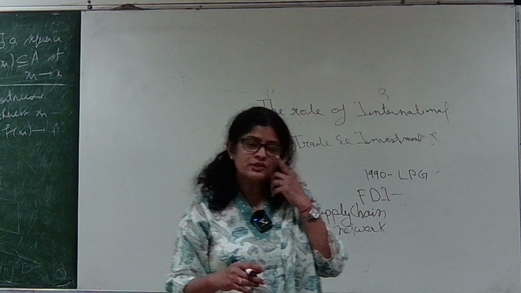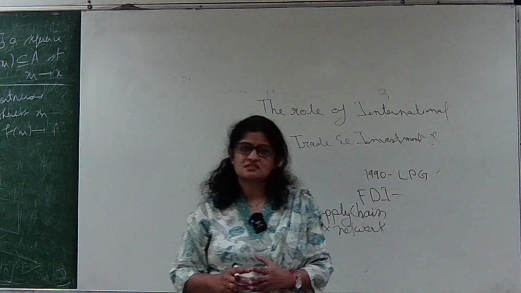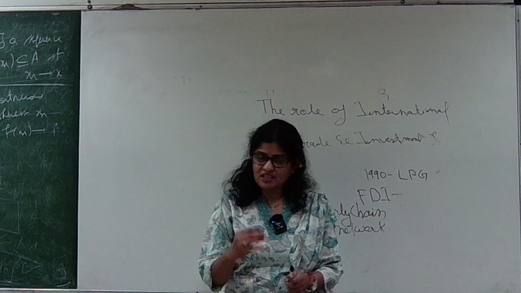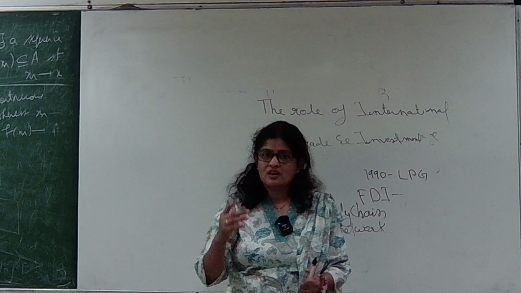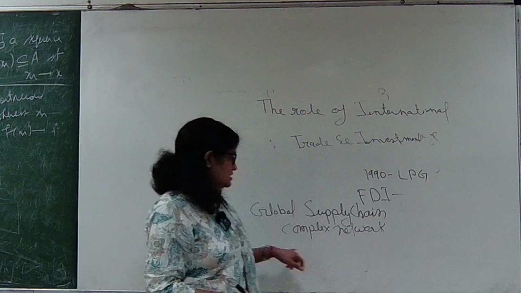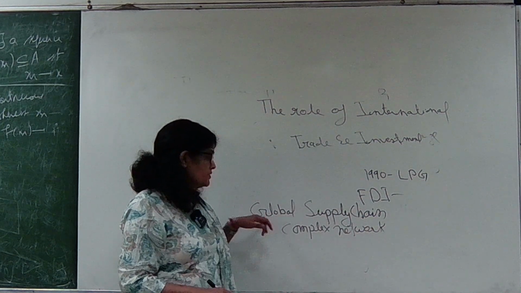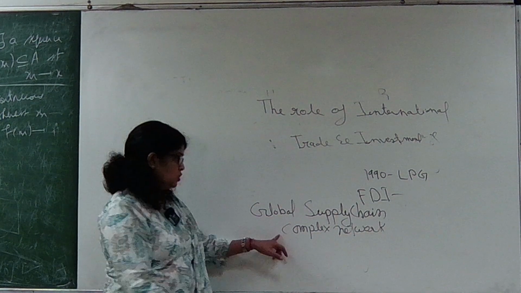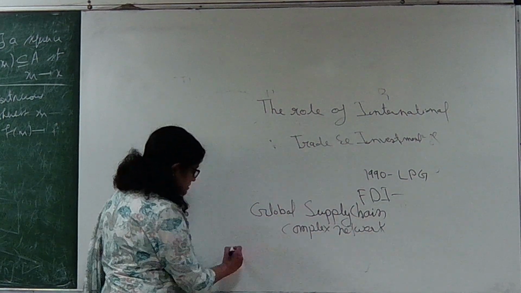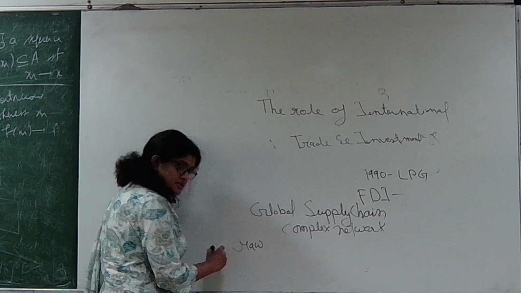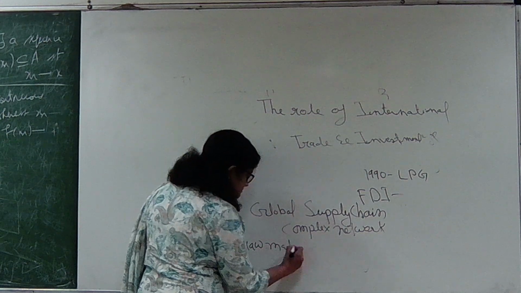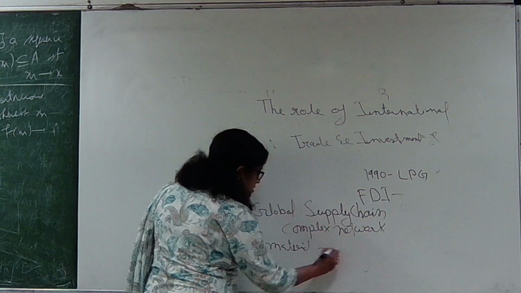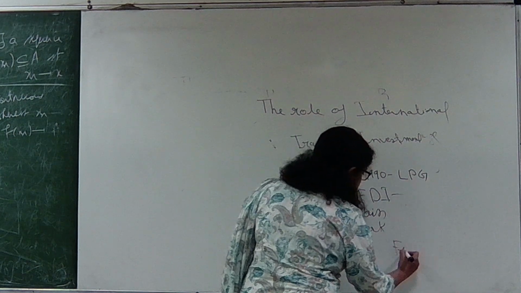So the global supply chain plays a role in delivering the right product at the right time. This depends on how smooth your global supply chain is, because it starts from accessing the raw material, through to the finished goods and services.